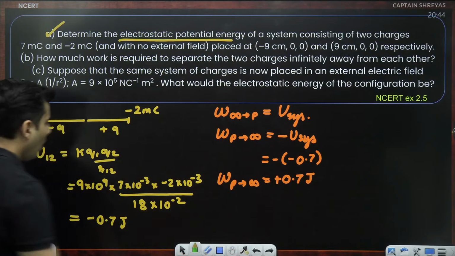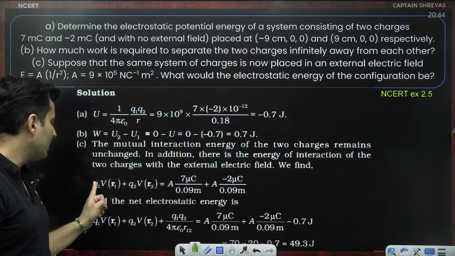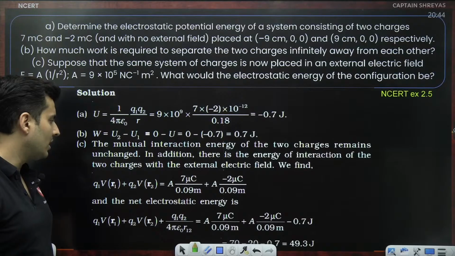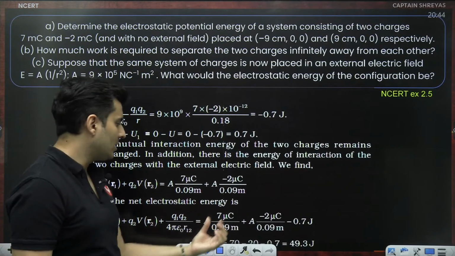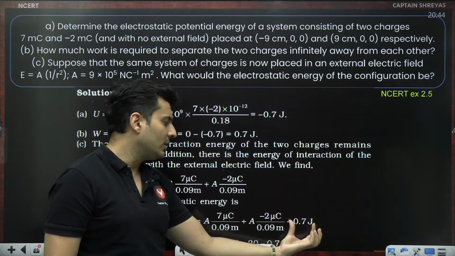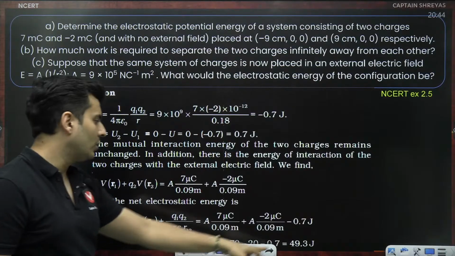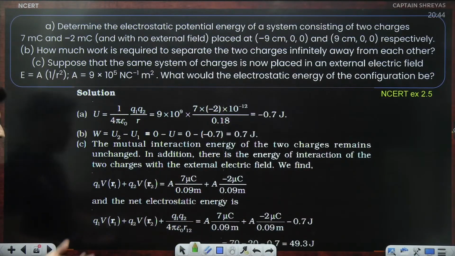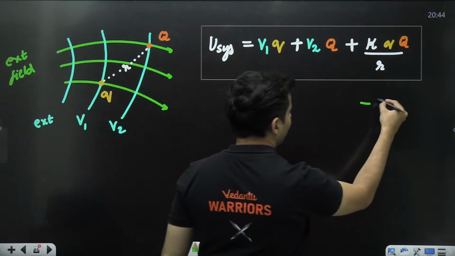All they have done is multiply voltage with the charge, and add it to the previous energy, which is negative 0.7, and they have found it to be 49.3. That's all they have done, guys. So this was minus 0.7.